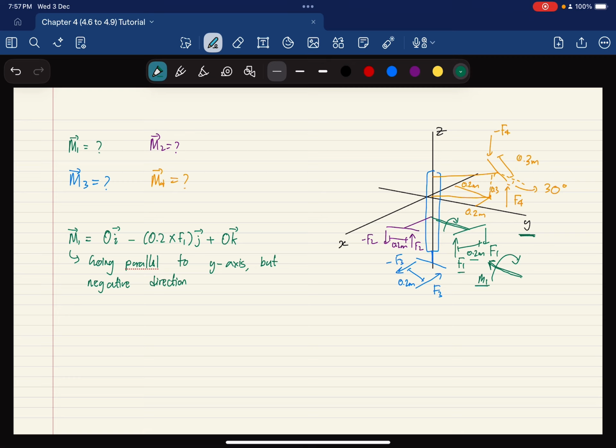That's why your j component here is negative, and this is because we use the right hand rule.